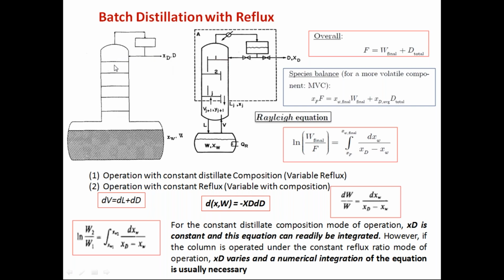So you can now have the contact between the vapor and liquid. Therefore, the enrichment will take place in batch distillation also. So batch distillation with reflux has more advantages, and it gives enhanced quality in the distillate, so that in certain cases, even though the operation is delayed, we will get a more pure distillate.